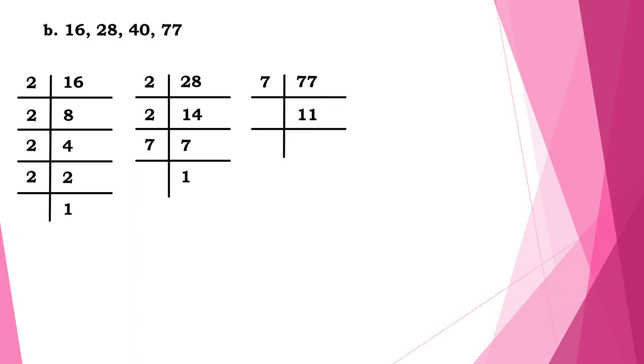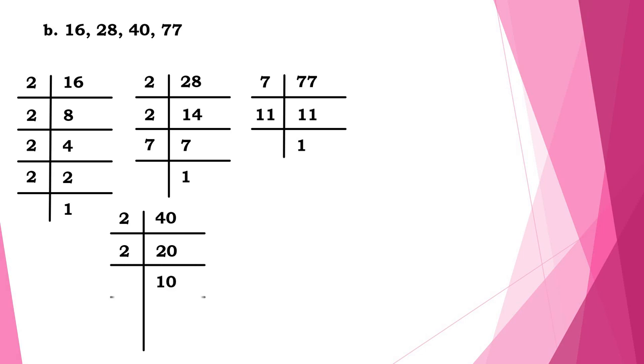Next question. 16, 28, 40, 77. So the prime factorization of these numbers is very easy. So I'm quickly showing you. Okay.